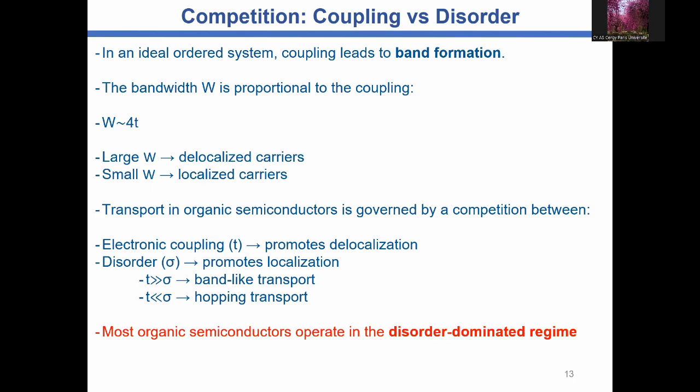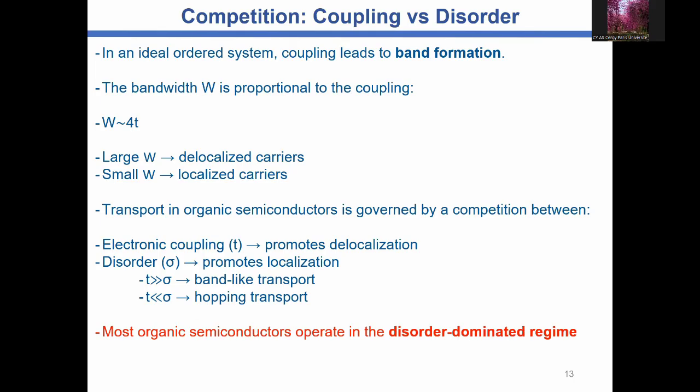As I said, when we have this coupling, this overlap between states, we can delocalize the electron over the material. If we don't have this coupling, we localize. Actually, we have a small coupling, but we need at least some coupling.